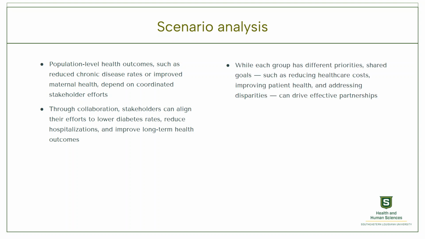So even though each group comes to the table with different priorities and different incentives, in order to work together in effective partnership to achieve your population health goal, you have to find some form of shared goal between them. It could be reducing healthcare costs, improving patients' health, or addressing disparities.